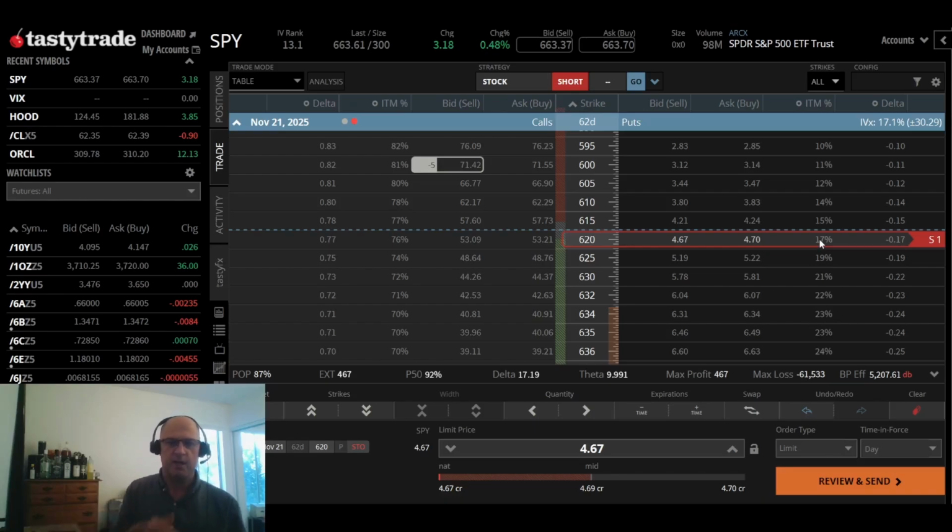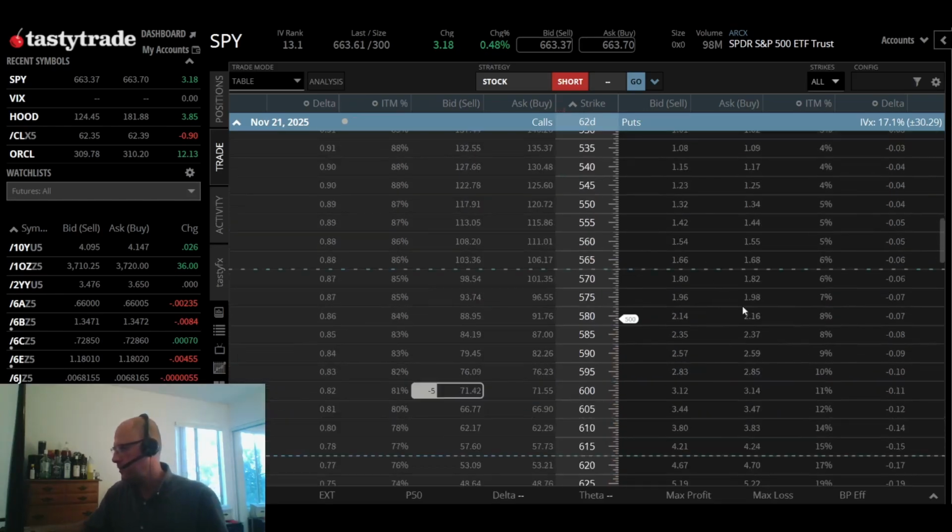There's our 68% of being within that range. Let's clear this out, and you'll notice that the 2 standard deviation is also about at that 5% range. So we have a 95% chance of being above that line at end of the November cycle.